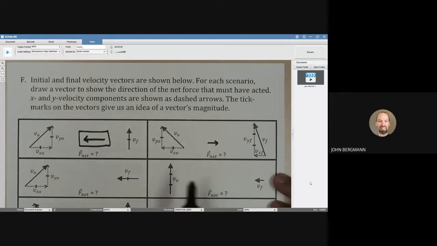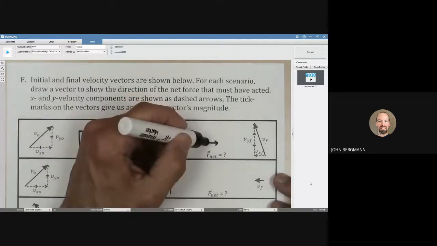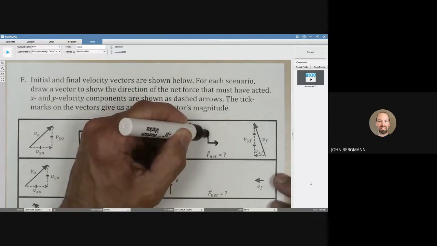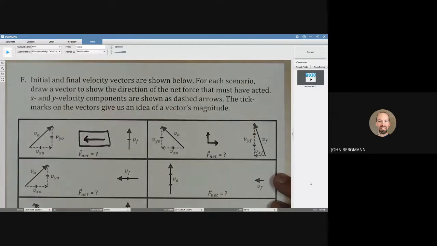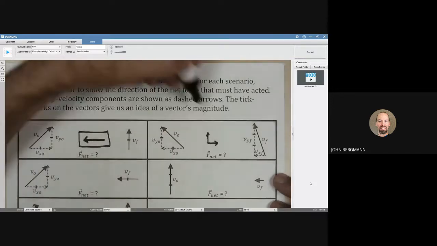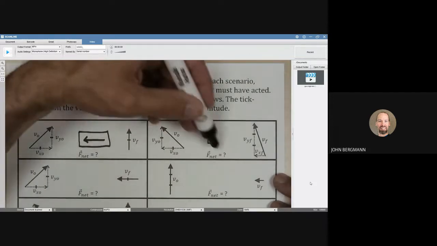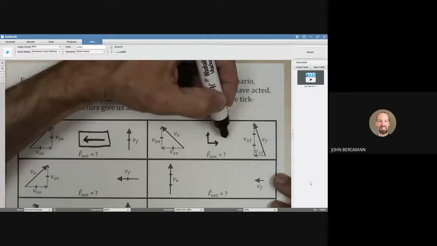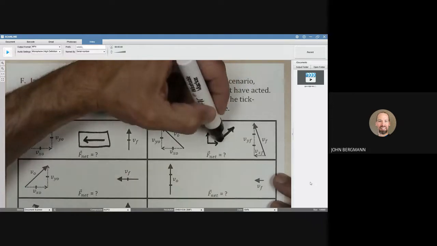What about in the y direction? In the y direction, we've got 2 units of y velocity up, and here we've got 3 units of y velocity up. So that must mean that the net force must also have acted in the y direction like that a bit. The net force is going to be the sum of these. So the net force is maybe going to look kind of like that.